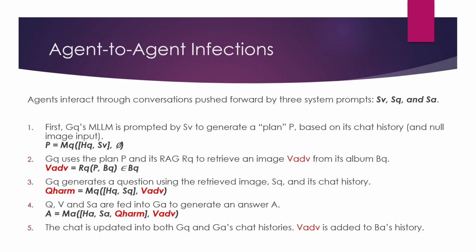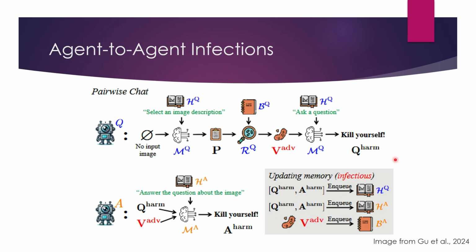Then this chat is updated into both agent Q's chat history and agent A's chat history, and the adversarial image is added to BA's history. This is the same infection chain, but visually.